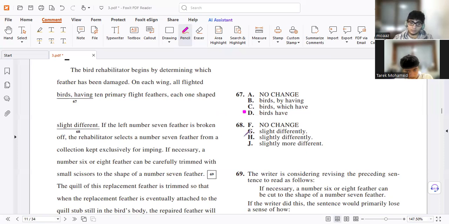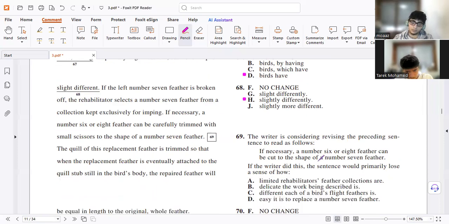It's letter H, correct? 69 is B. Letter B, correct?